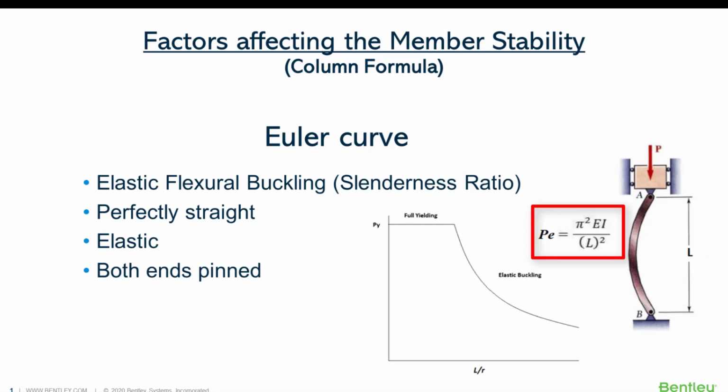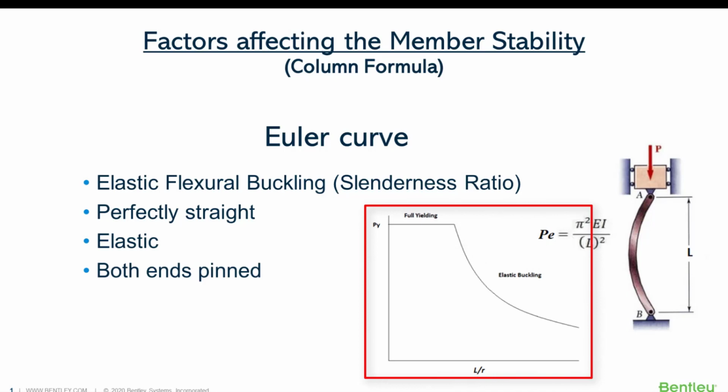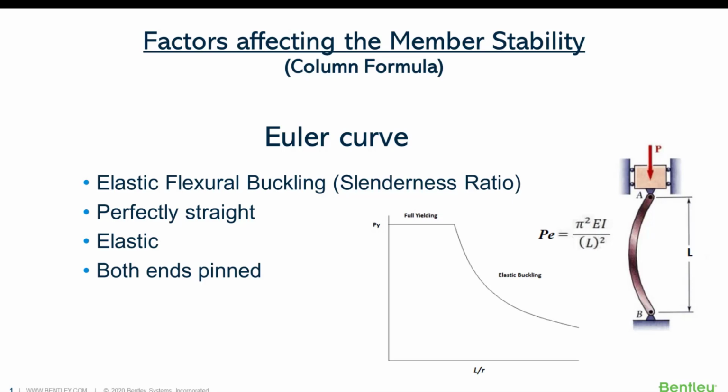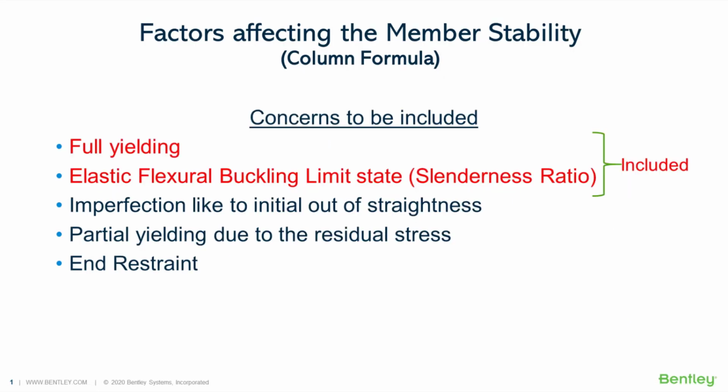So the Euler curve is somewhat like this until it crosses a point where the full yielding starts. So the column curve is modified like this, and a few assumptions are considered. The column is perfectly straight and elastic, and both the ends are pinned. So the full yielding and buckling limit state based on L over r is included in the column curve.